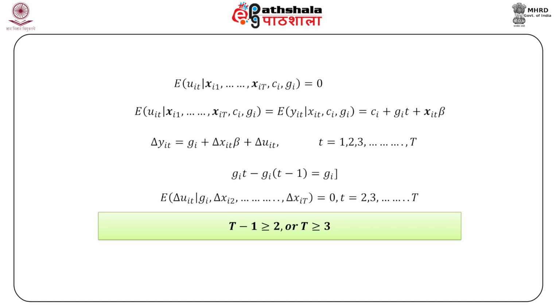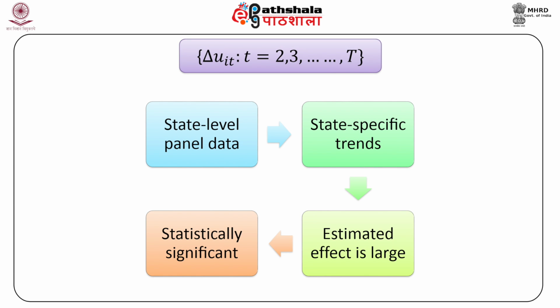That is, from 1, the null hypothesis is pi i equal to 0 for all i, and the alternative hypothesis allows for some, not all, of the individual series to have unit roots. That is, the alternative hypothesis is pi i less than 0 for i equal to 1, 2, 3 going till N1, and pi i is equal to 0 for i equal to N1 plus 1 going till N. Formally, it requires the fractions of the individual time series that are stationary to be non-zero.